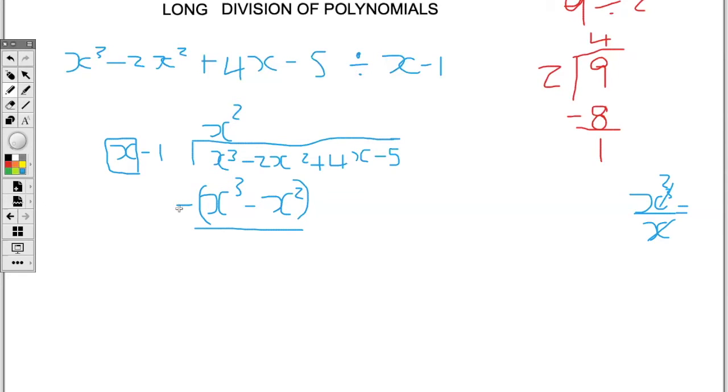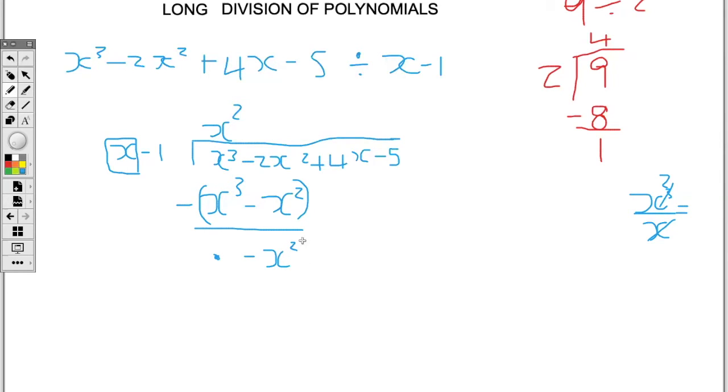Now, x cubed minus x cubed, that's 0. The negative and the negatives will be changing this x squared to positive. So what we have is minus 2x squared plus x squared to give us minus x squared.